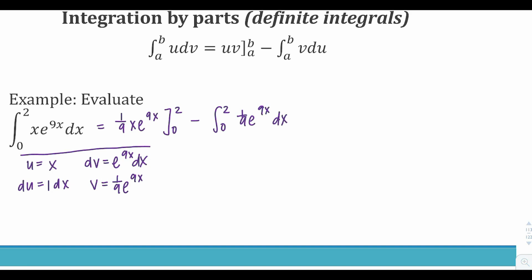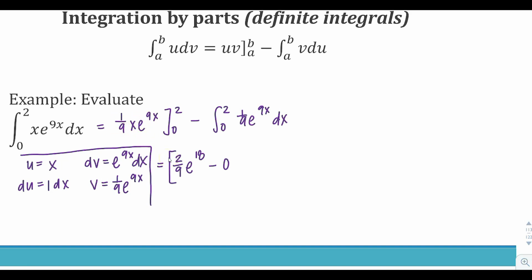So this right here was my scratch work. Here I'll go ahead and start to substitute in the 2 and then the 0. If I substitute in the 2, I get 2/9 e to the 18, and then minus 0, because if I substitute in 0 into this x, then the whole product becomes 0.